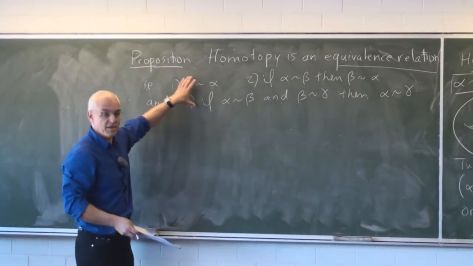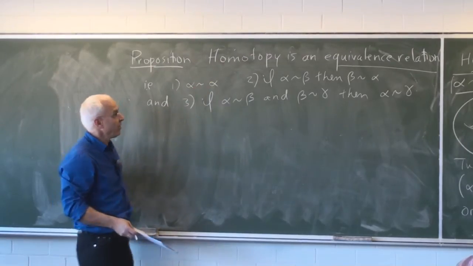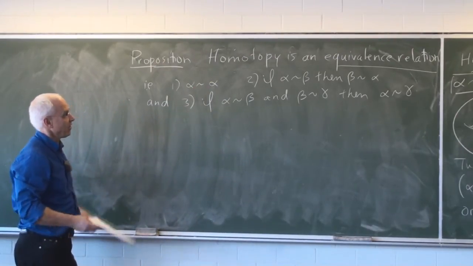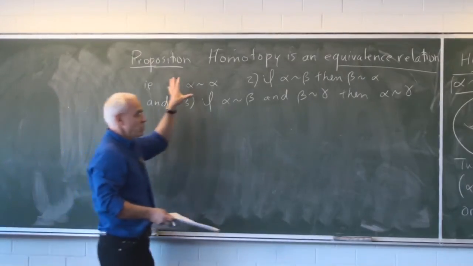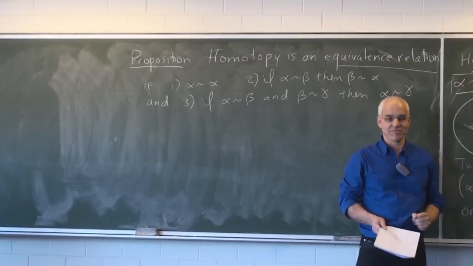So you can take that to be the definition of what we mean by an equivalence relation. Those three properties are exactly the properties of an equivalence relation. We want to show that this notion of homotopy satisfies those.